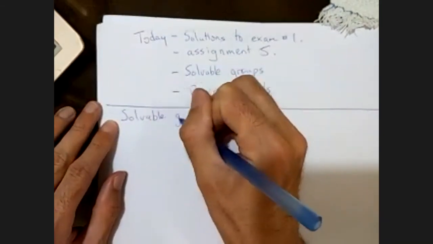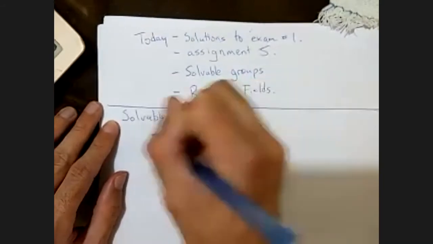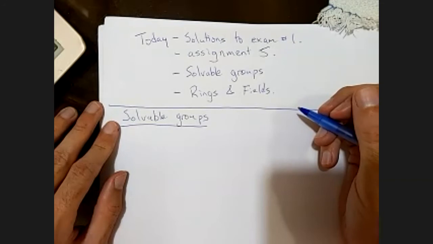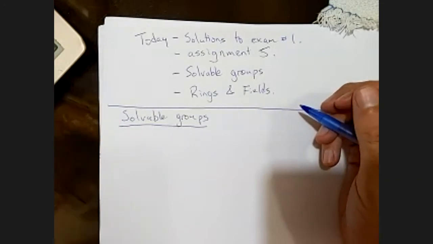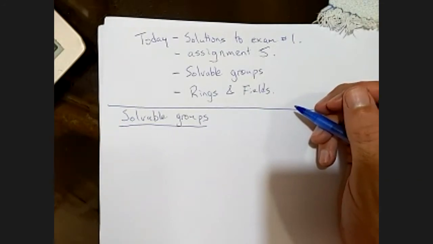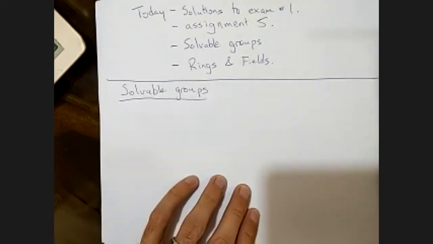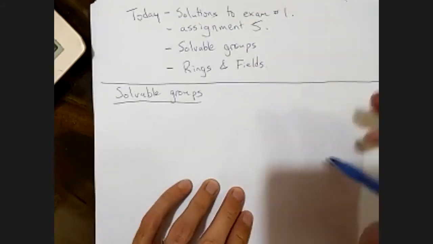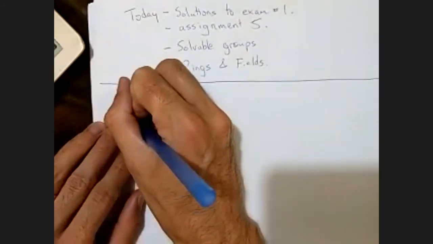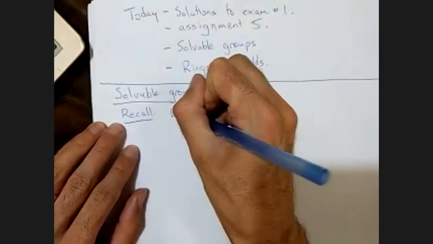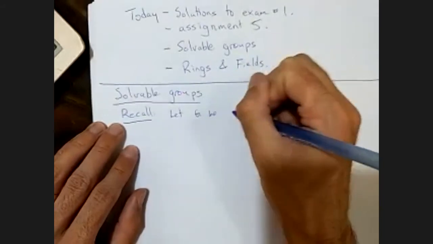Right now we're talking about solvable groups. To talk about solvable groups, we need to talk about normal series. So I need to remind you, what is a normal series? Let G be a group.